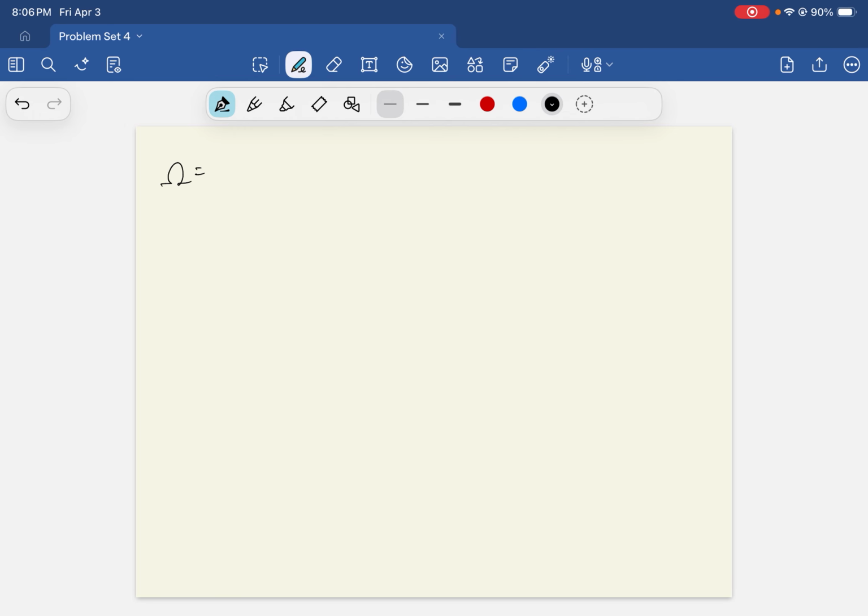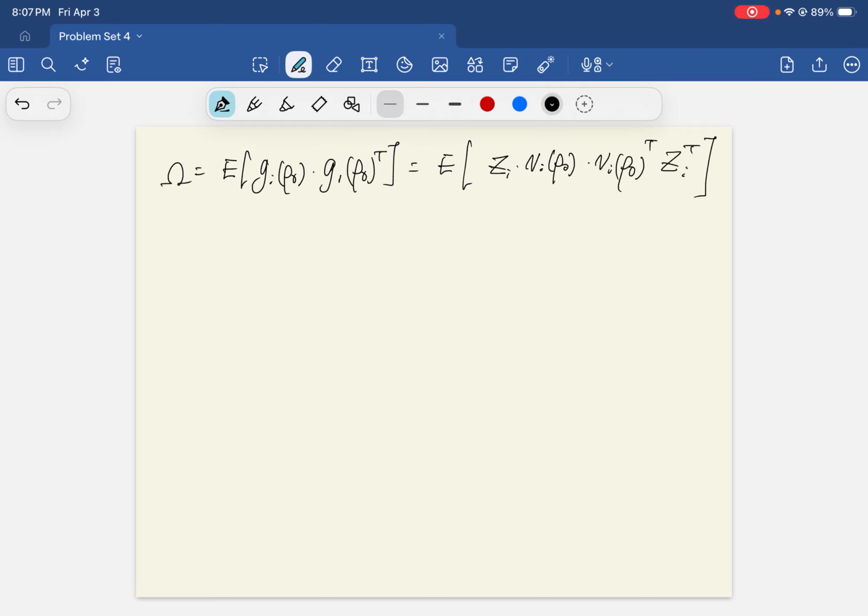Omega is the expectation of g_i(rho_0) times g_i(rho_0) transpose. Using our notation, it is Z_i times V_i(rho_0) times V_i(rho_0) transpose Z_i transpose.